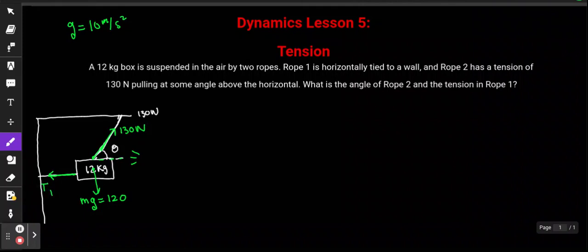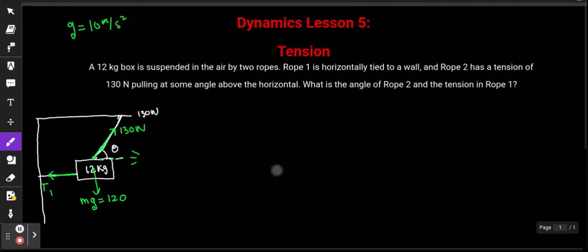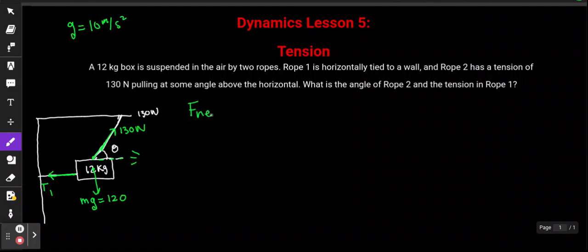Okay, so now that we have our free body diagram, let's write out our F-net equations. Once again, because the box is suspended, both F-net x and F-net y have to equal 0 because our box isn't flying up and down or left and right. It's suspended in the air. So F-net x, we're taking right as positive and left as negative.